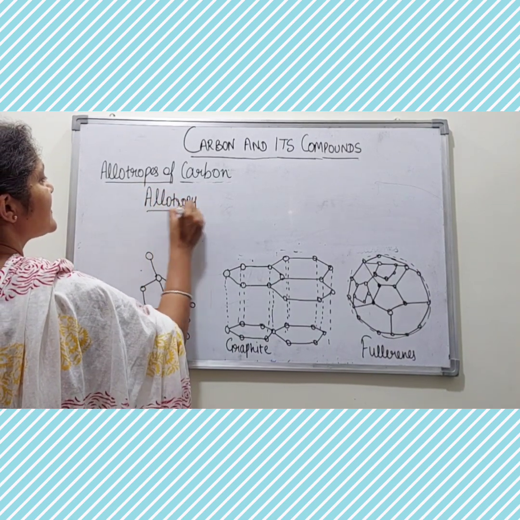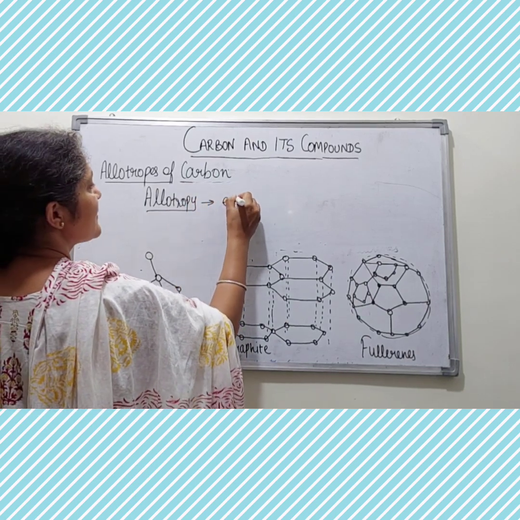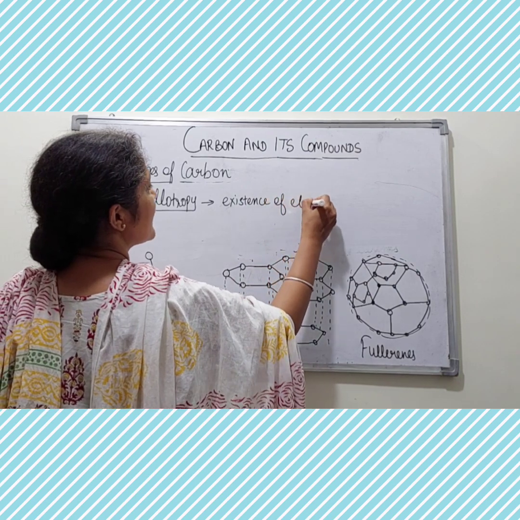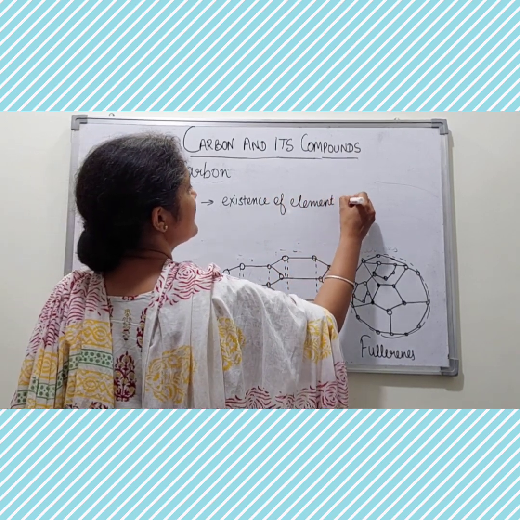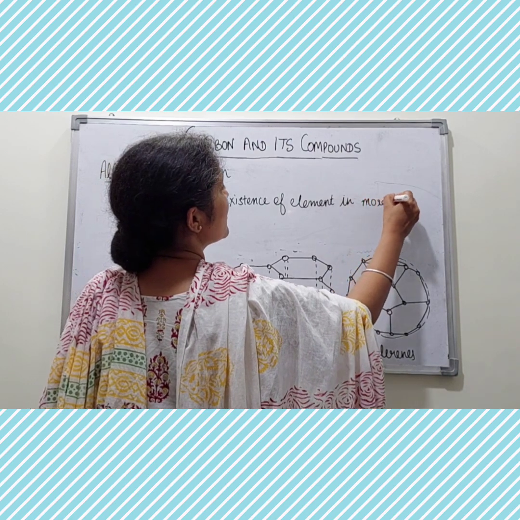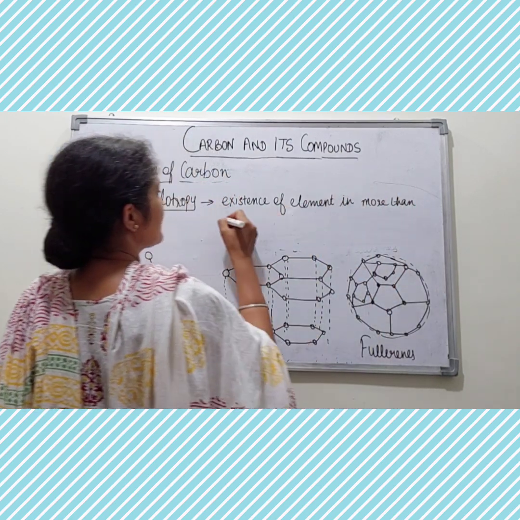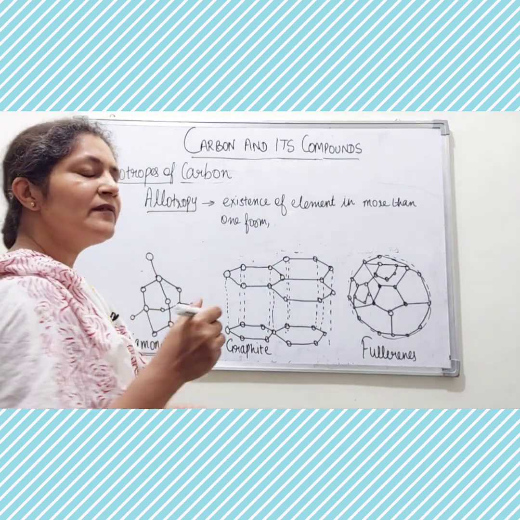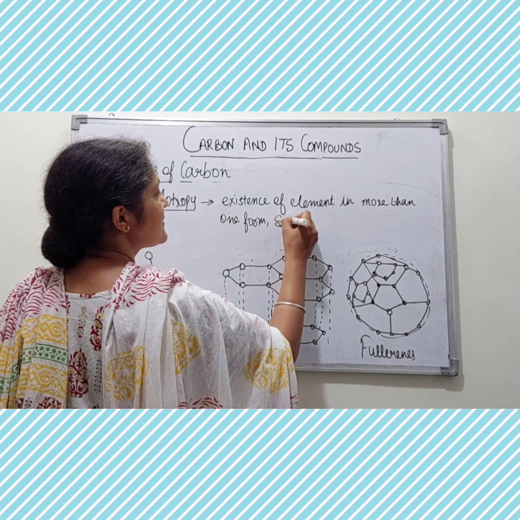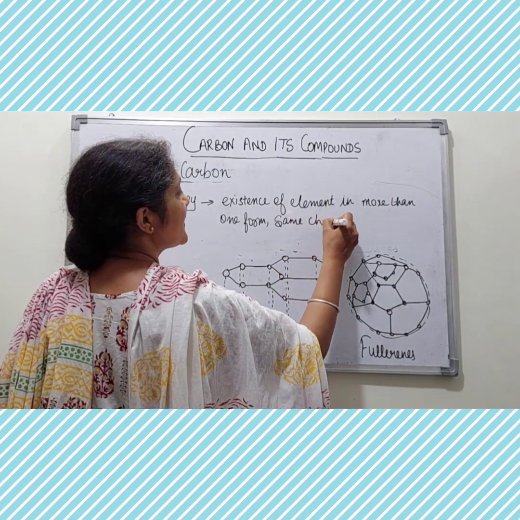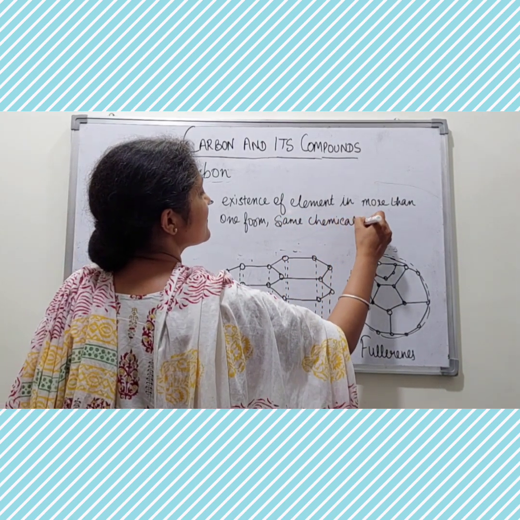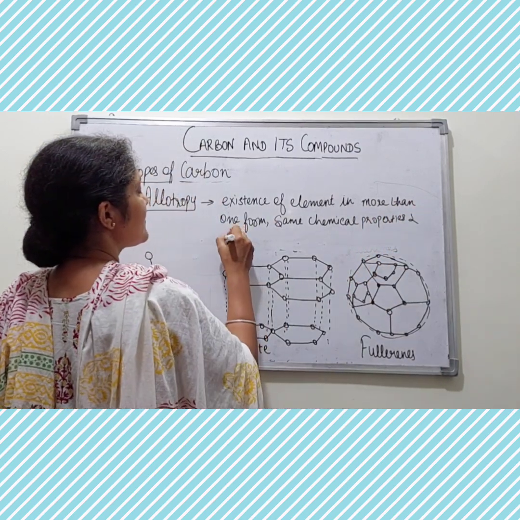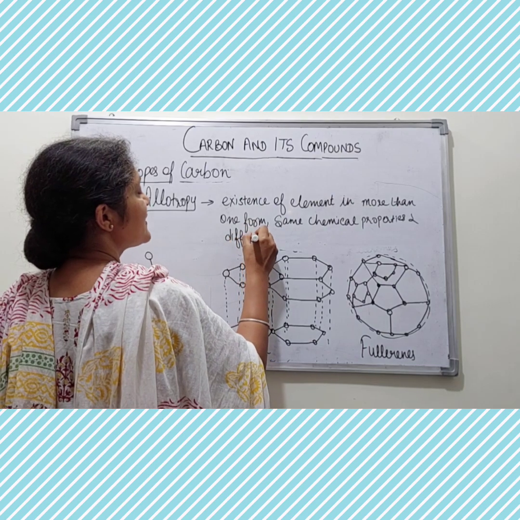Allotropy is the existence of an element in more than one form, which will have the same chemical properties and different physical properties.